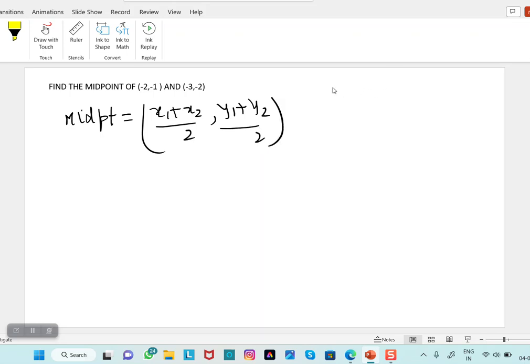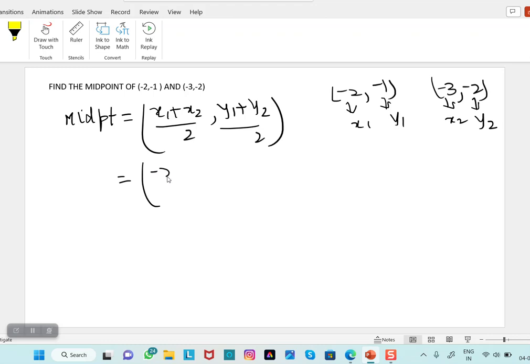So the 2 points which are given to us are -2, -1 and -3, -2. We call this x1, this y1, this x2, this y2. We just substitute all these points. x1 is -2, x2 is -3, upon 2, y1 is -1 plus -2 upon 2.